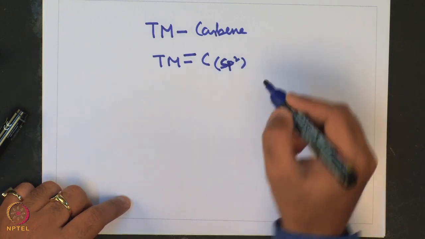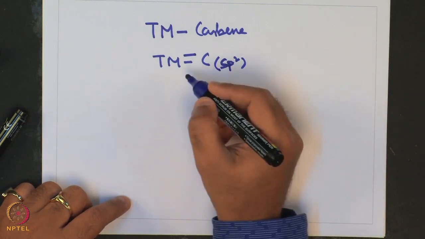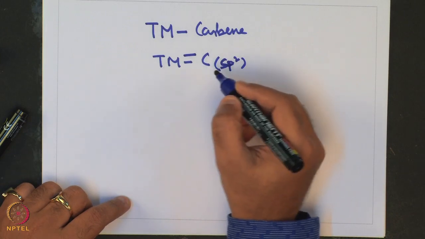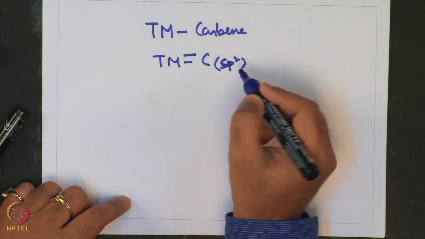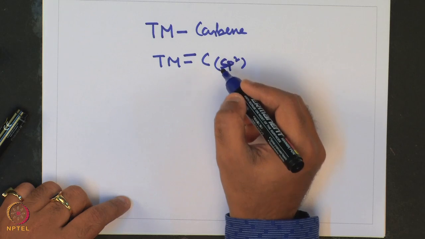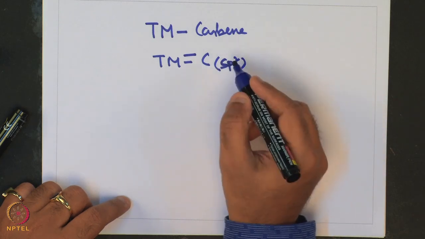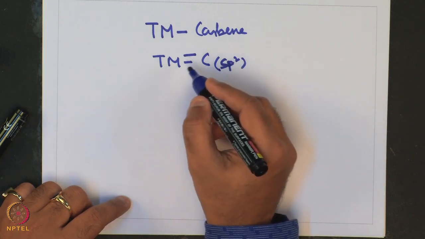In transition metal aryl complexes, there was no multiple bonding occurring between transition metal and the sp2 carbon center of the aryl, but in the carbene case there is metal ligand multiple bonding occurring in transition metal carbene complexes, and hence they are of importance.